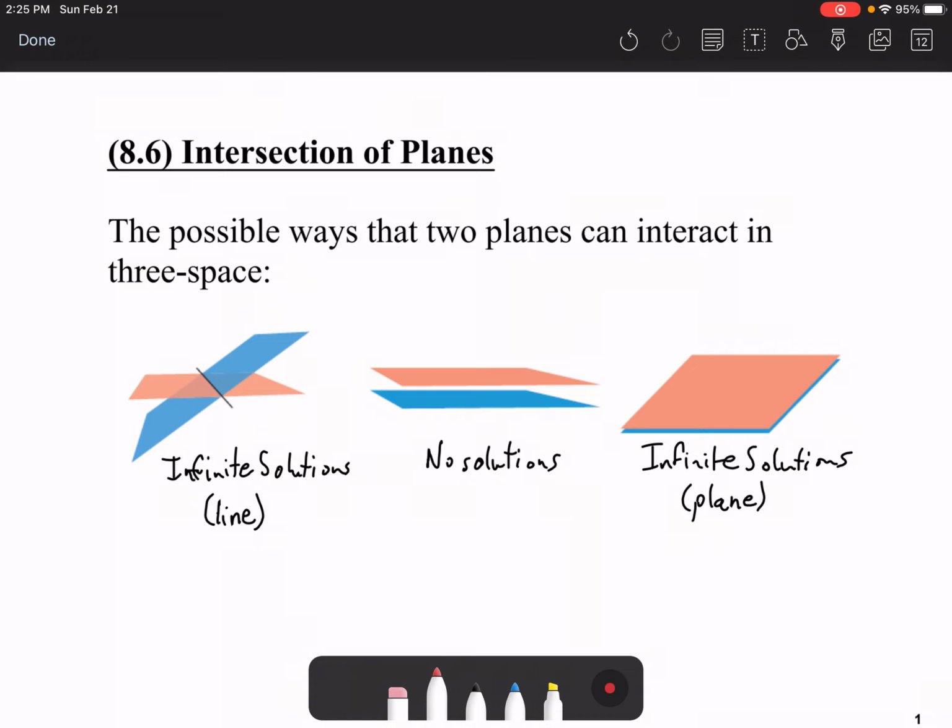Now you can tell this just by looking at normals of the planes. So let's call two of these normals, normal 1 and normal 2, for all these planes.